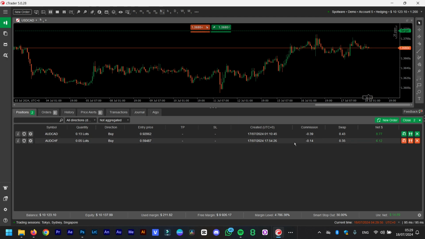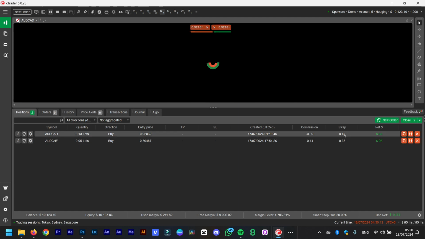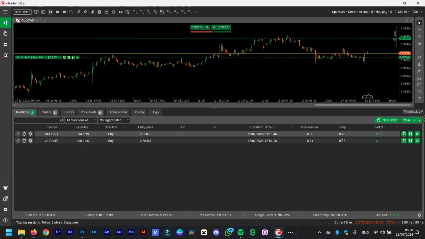I'm not going to close the trades, but rather just decrease the lot size of these accounts and see what's going to happen. As you can see, we are getting money from swap positions. Very little, but still it is something. In one day we made almost 50 cents, or 43 cents, in swapping, and the margin is pretty safe.